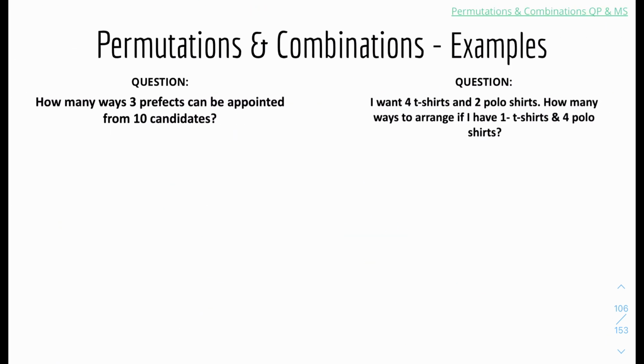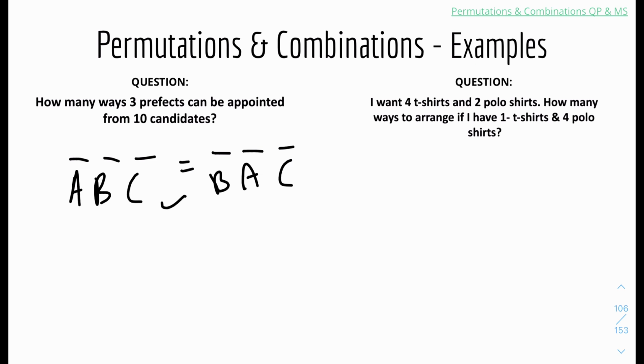And then we have some more examples. How many ways can 3 prefects be appointed from 10 candidates? So let's say if you have 3 candidates, would A, B, and C be the same as B, A, and C? And the answer is yes, because there are still 3 that are elected and they are the same people.